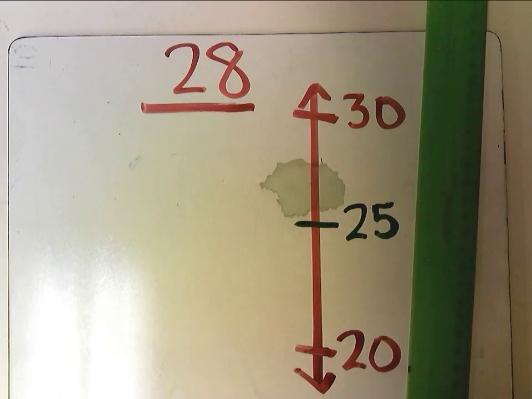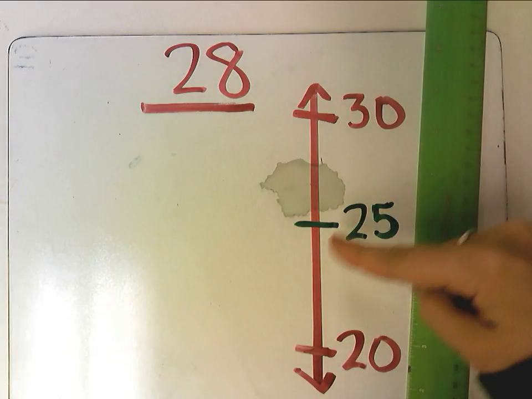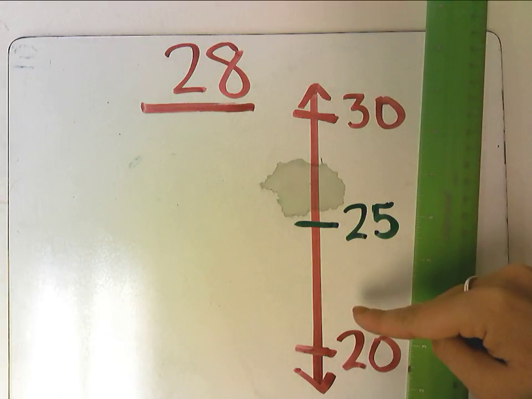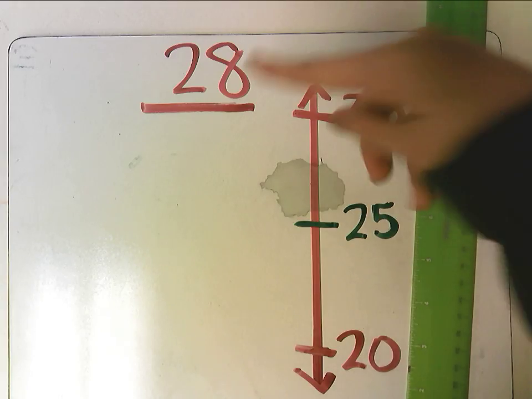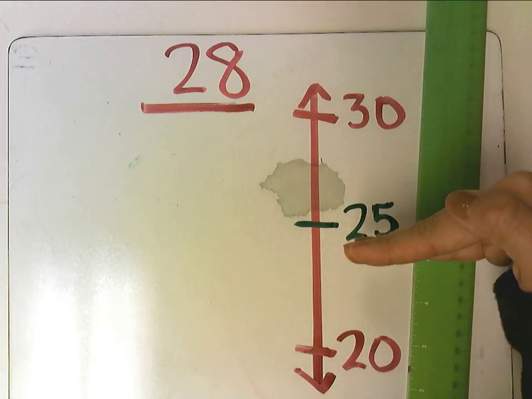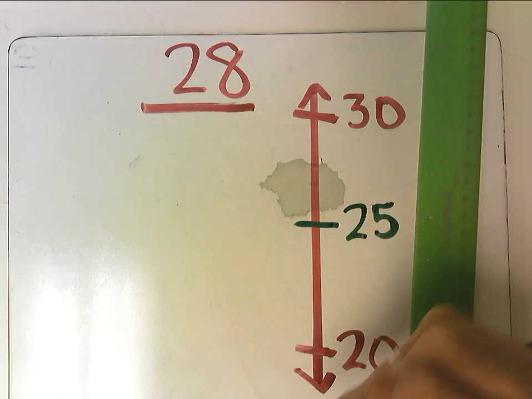Now we need to plot the number 28 on our number line. So we need to think, is 28 more than halfway, or is it less than halfway between 20 and 30? Is 28 greater than our halfway mark, or is it less than our halfway mark?